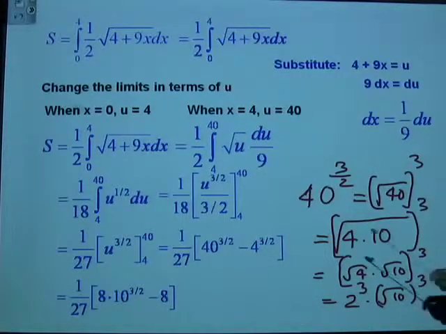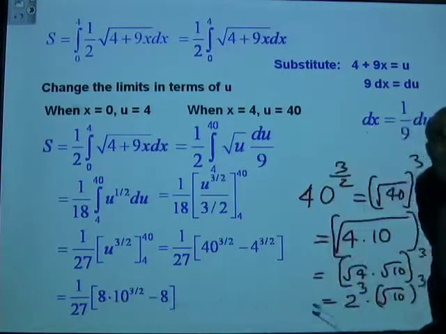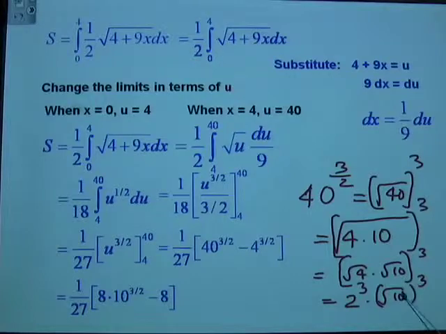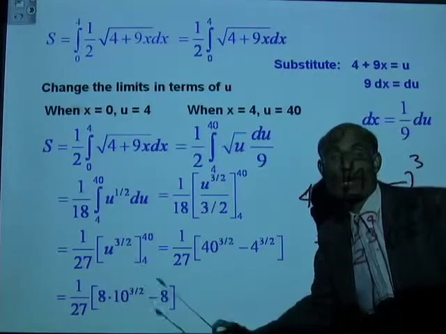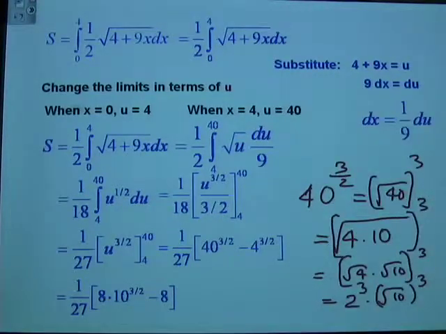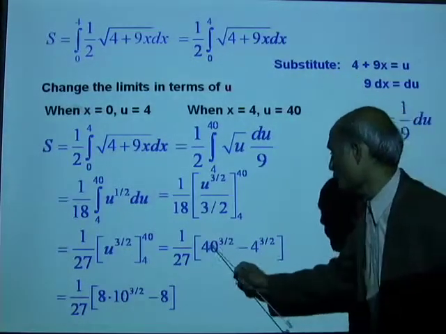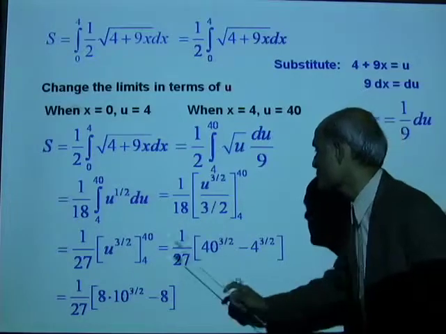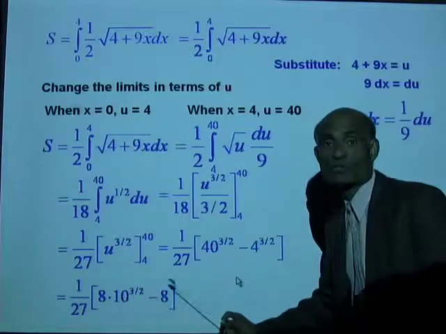Now 2 raised to the power of 3 is 8, and square root 10 raised to the power of 3 is 10 raised to the power of 3 over 2. You've got to learn how to simplify these kinds of factors. Very important to know that. So I hope now you understand how 40 raised to the power of 3 over 2 becomes 8 times 10 raised to the power of 3 over 2.